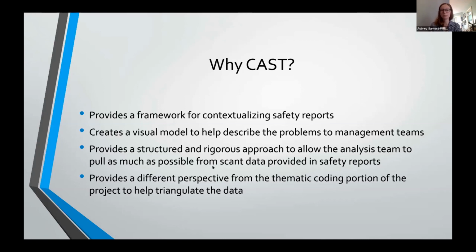I think it's going to be nice to provide that really rigorous approach to pulling data out of these safety reports, because we don't have a lot in there. Some of them are 2 sentences long, but I think that putting it into this framework is still going to help us pull out a lot of information. And it's going to be a really different perspective from the thematic coding of these interviews, so that we can help to triangulate the data.